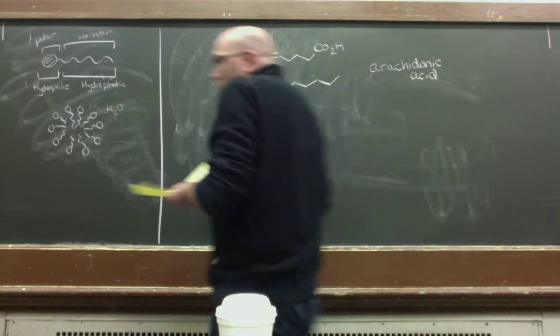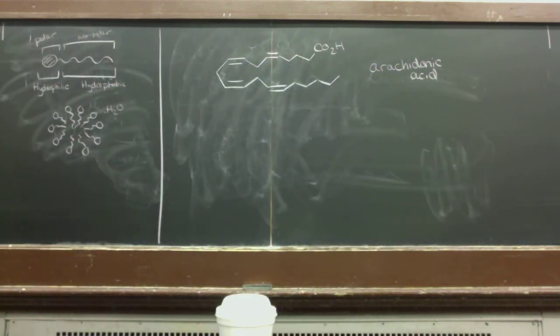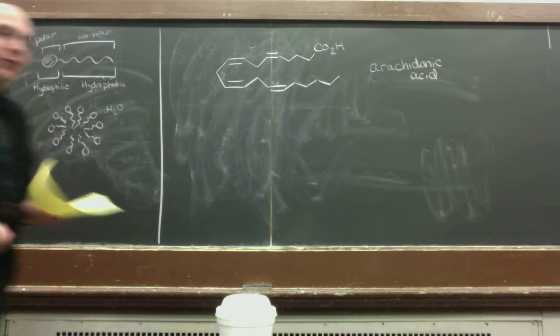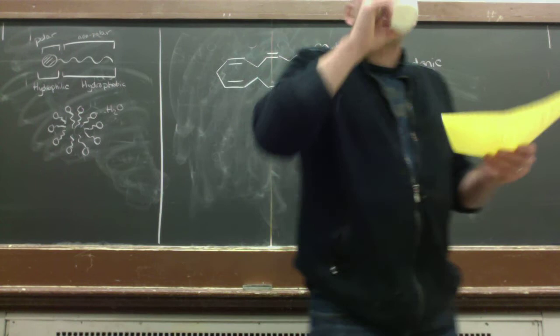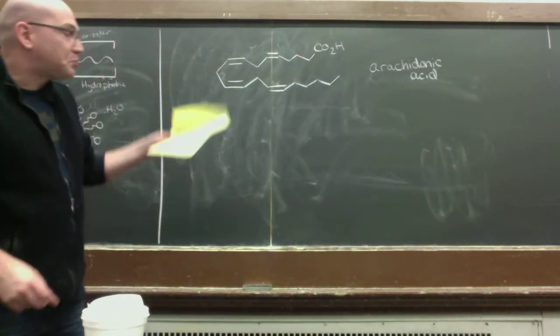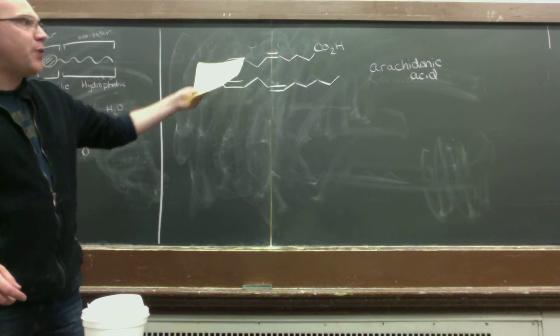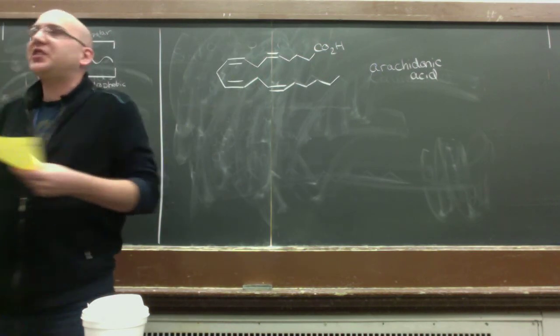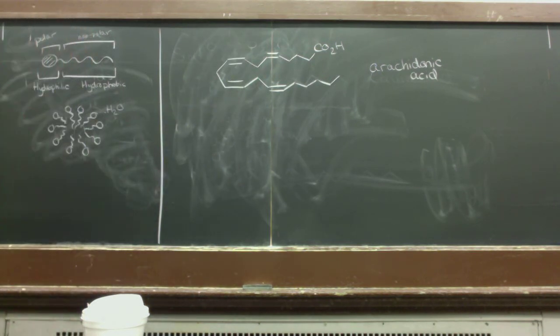Arachidonic acid is certainly part of cell membranes and so forth. But the reason why it's physiologically important is that it actually serves as an intermediate towards a variety of cell signaling molecules, many of which you guys have heard of.